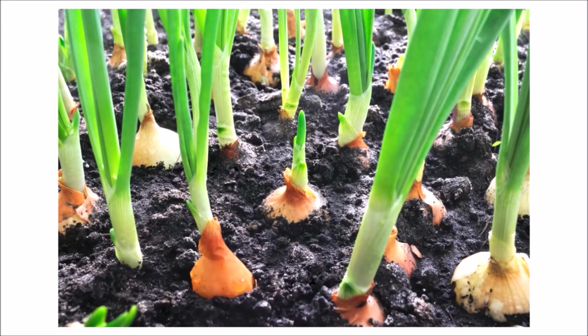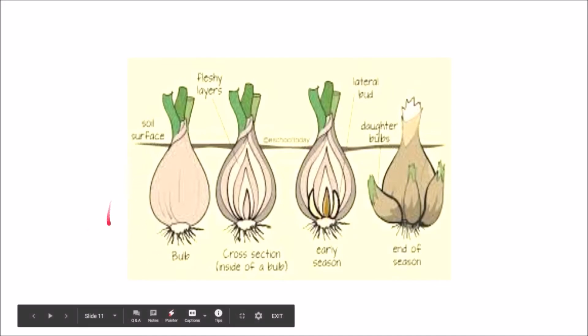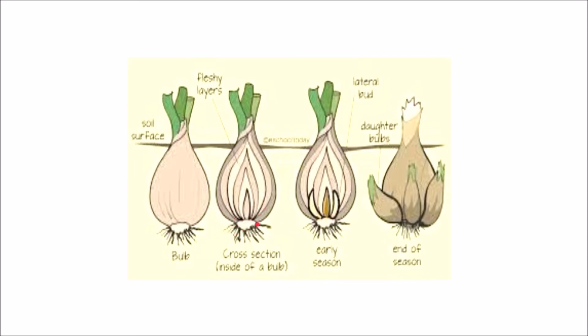Now, what is this? This is an onion, which grows at the base of the stem. Do you see the onion plant? This is an onion fruit. This black one is onion seeds. As we know, from seed we get a new plant.